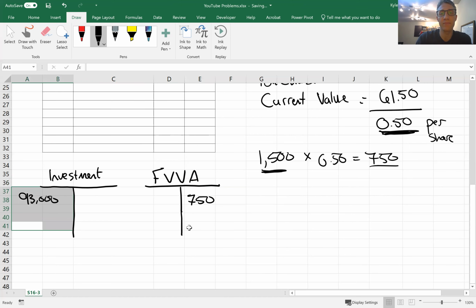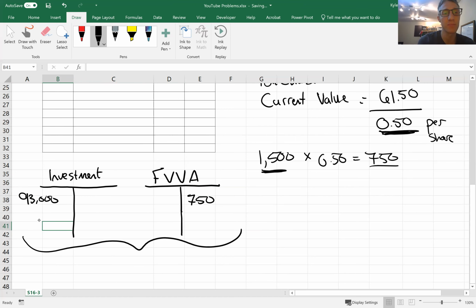Because they have a different balance, they offset each other. So the actual carrying amount of this investment is going to be the 93,000 minus the 750, which is 92,250.